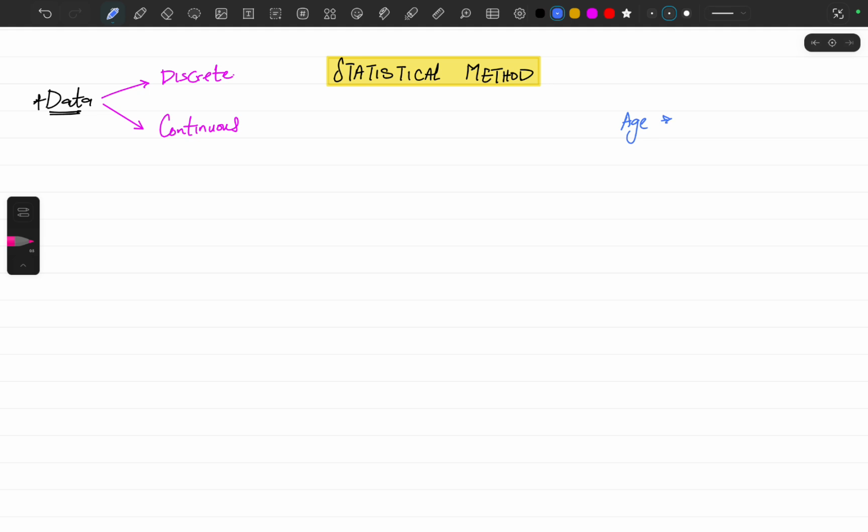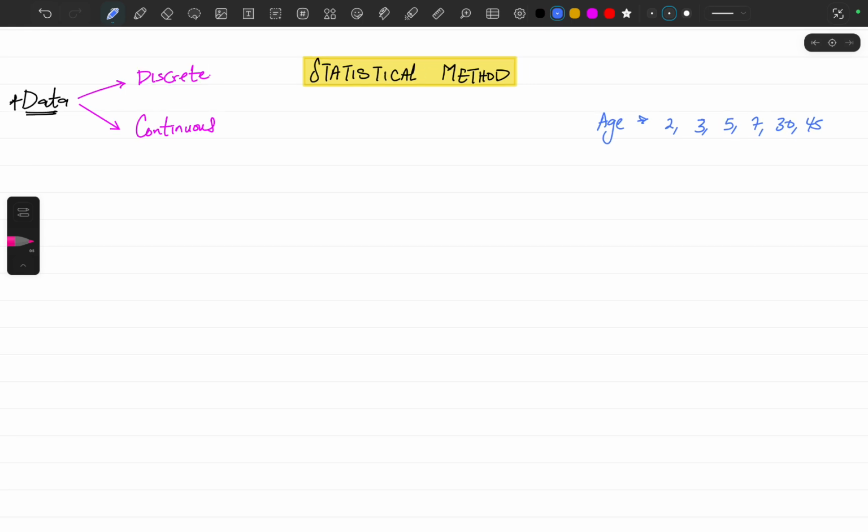Age could give you numbers like a person's age can be 2, 3, 5, 7, 30, 45, and so on. So age can be all of these numbers, right? But there is no age that will fall on 45.5. Did you see that? 47.6. That cannot be age.